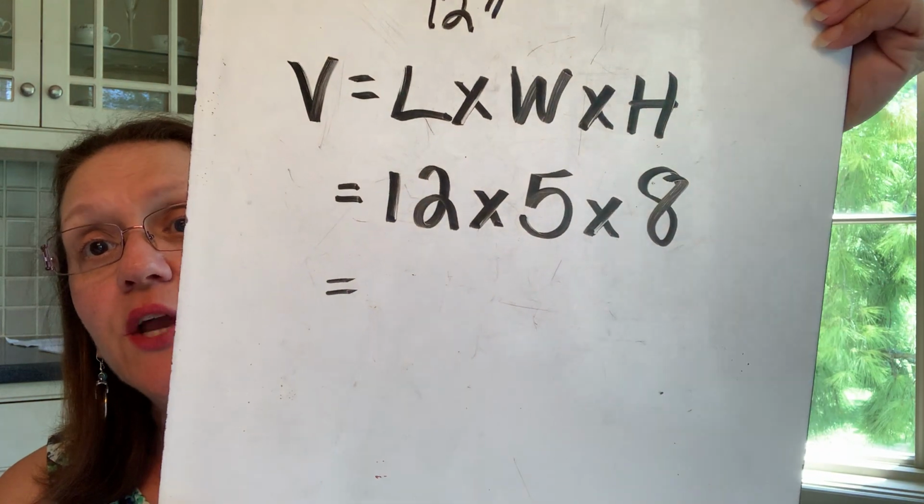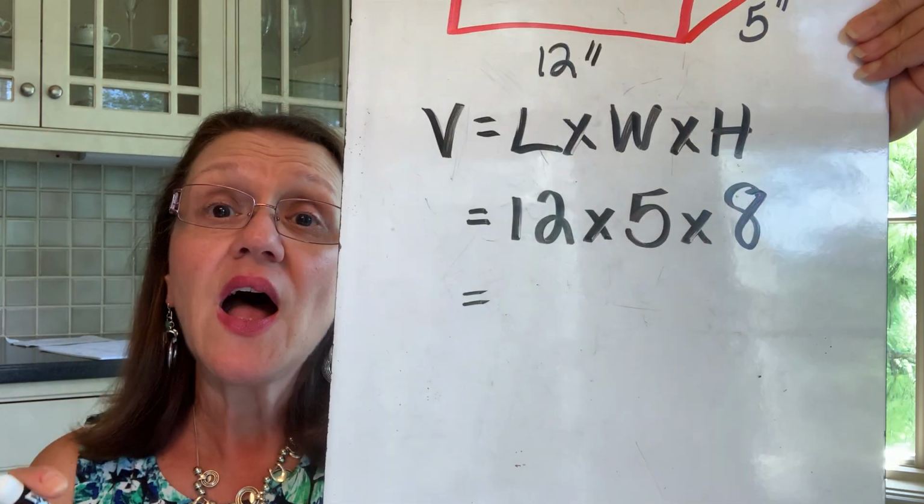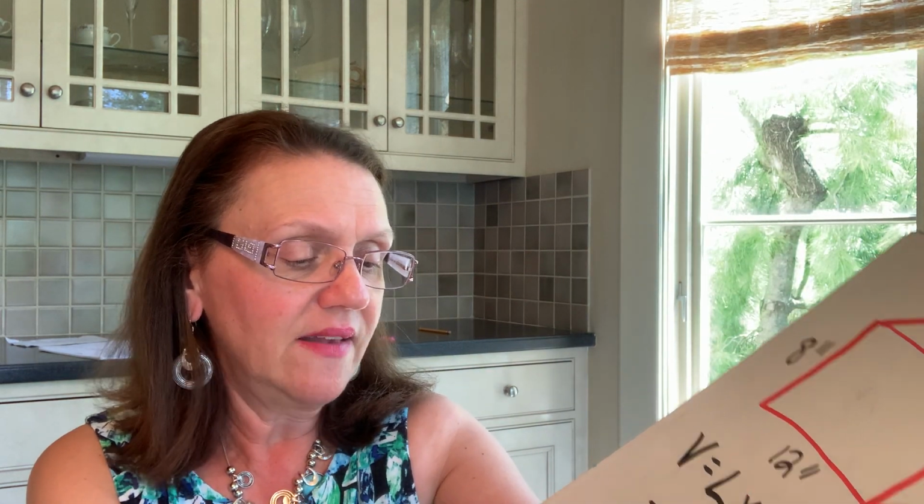Now remember, you can also put your units in there to remind you that your units will need to be to the power of 3. Why did I do it this way? Well, when I go to do my step 3 calculation, I know 12 times 5 is 60. I'll put it here, 60 times 8.